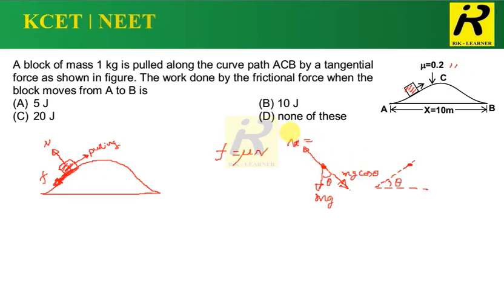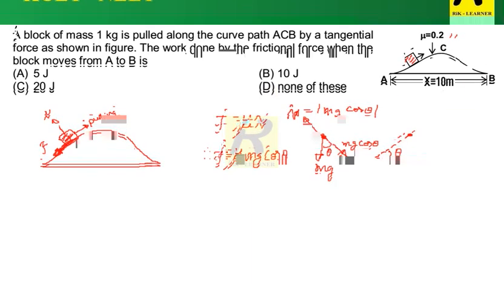So normal reaction is exactly equal to mg cos theta. Therefore, F will be equal to mu mg cos theta.